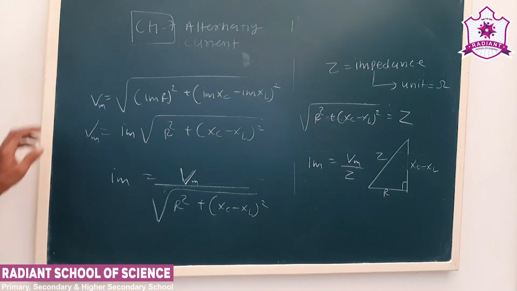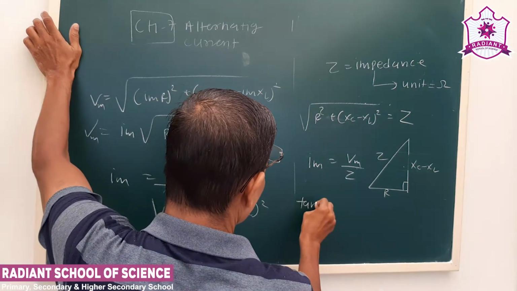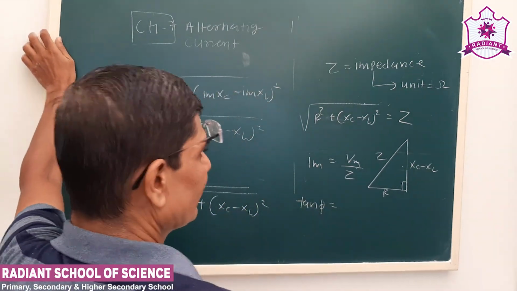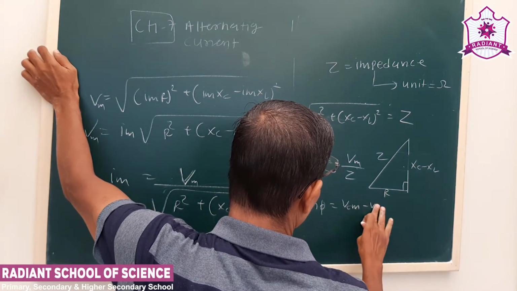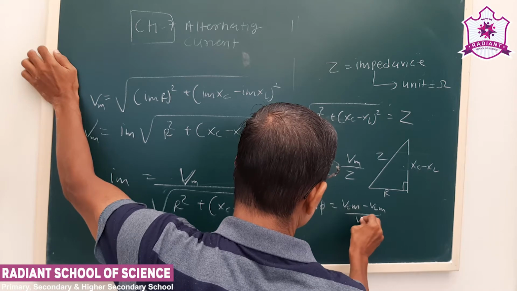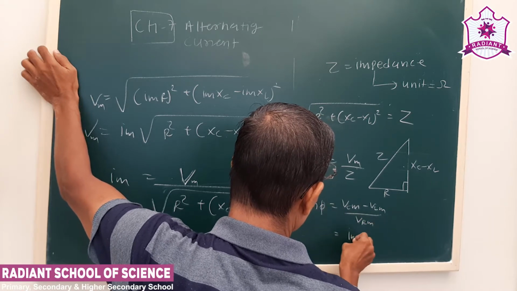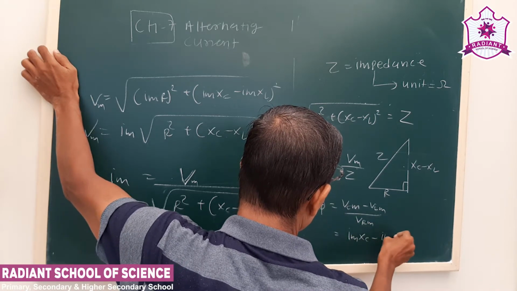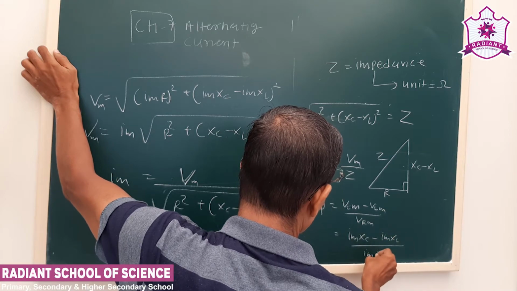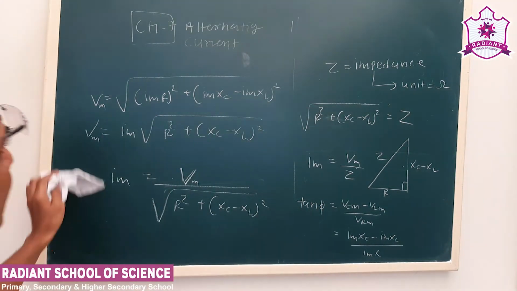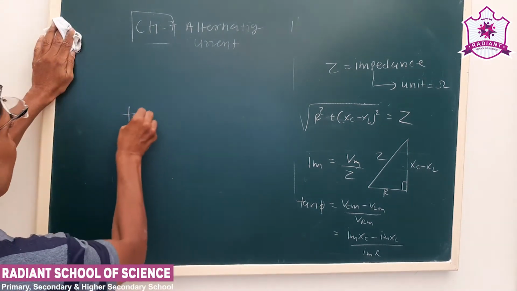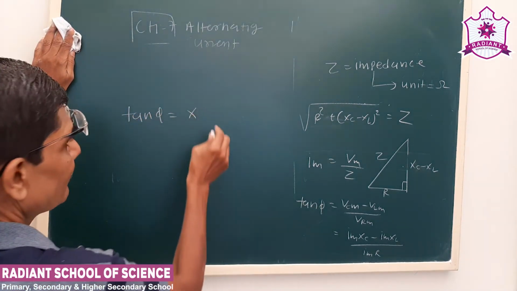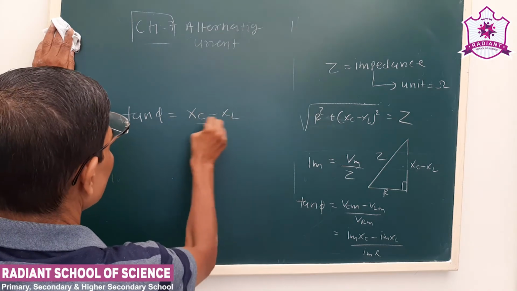Now tan phi, from the geometry of the earlier figure, is (VCM minus VLM) by VRM. So Im into XC, Im into XL, Im into R. Im is common, so tan phi will become (XC minus XL) by R.